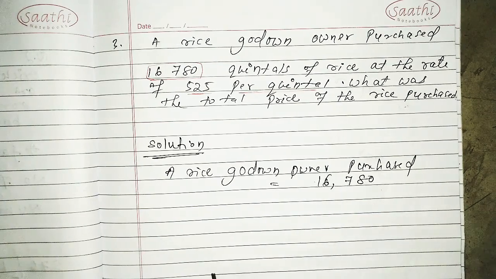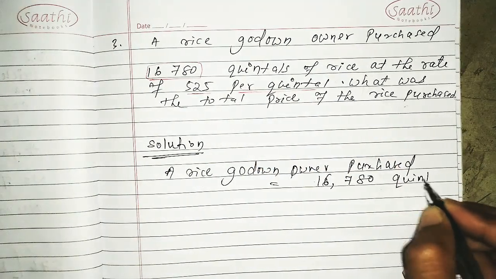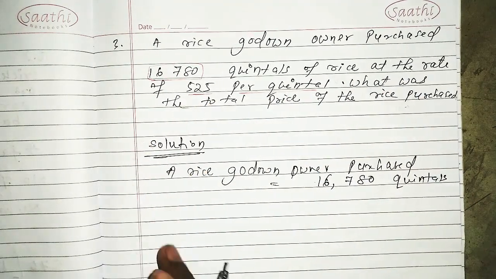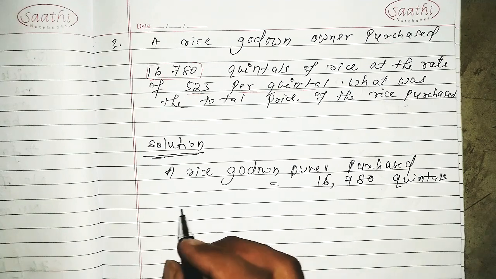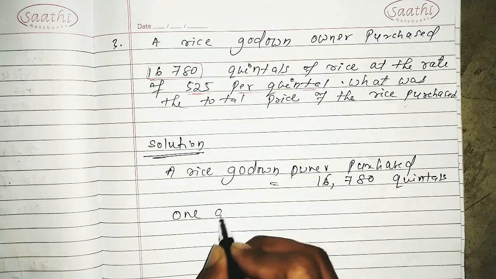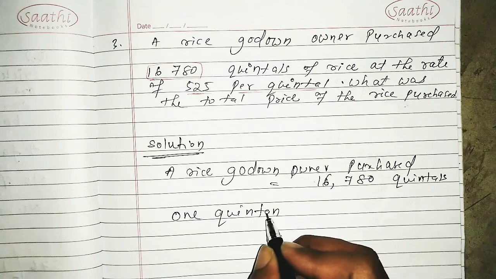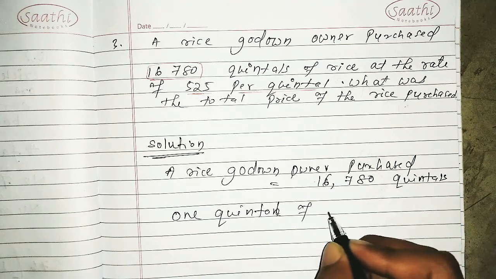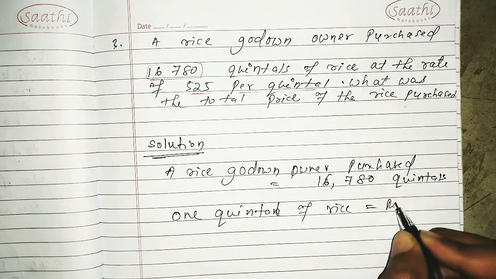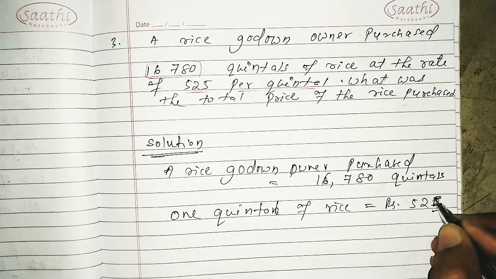16,780 quintals of rice at the rate of, what is the rate? That is 525 per quintal. Per quintal means 1 quintal. The price of 1 quintal of rice is rupees 525.